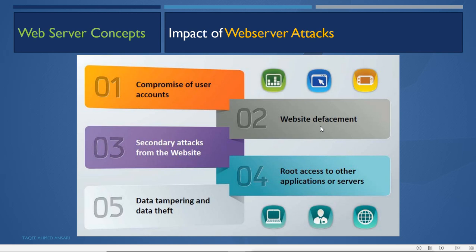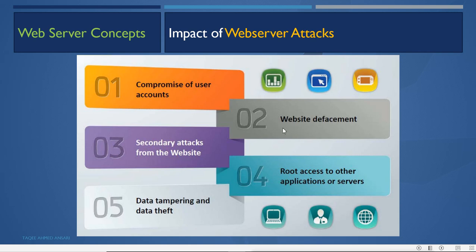Sometimes it is a genuine site, and when you go to that site, it shows pop-ups and leads the user to some fake websites. That means it wants to redirect the user somewhere else.